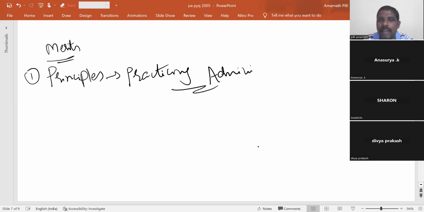We are bothered about the application of these principles in the administrative process, in real-time working. So for practitioners, now there is an aid in the form of principles.